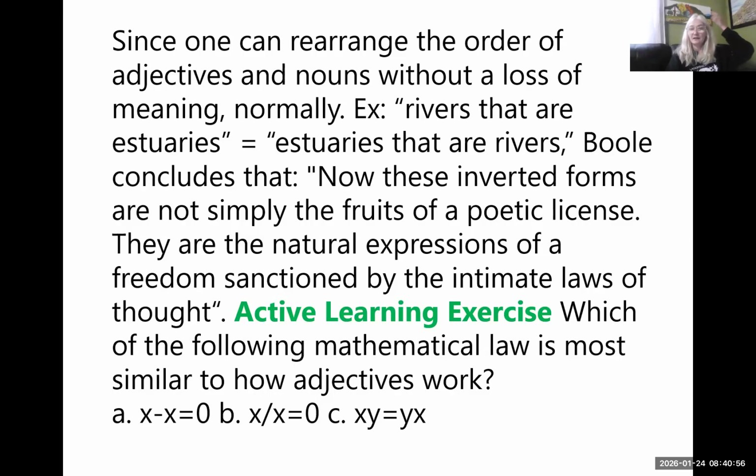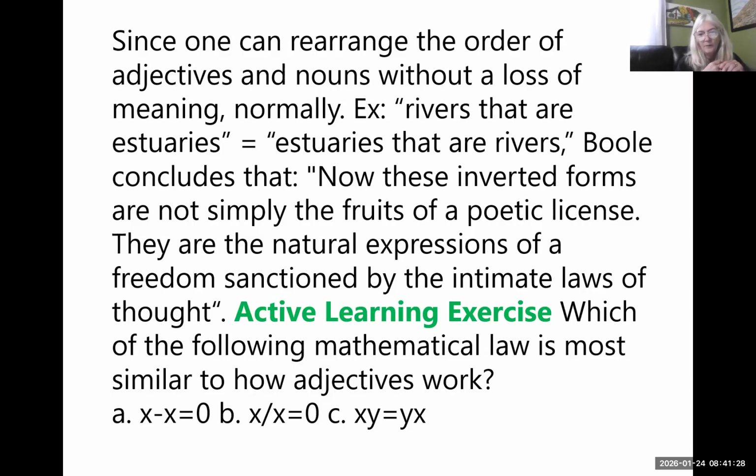If we take an adjective, we can just rearrange how the adjectives are. And if we have nouns related to other nouns, we can also rearrange them. His example, rivers that are estuaries, estuaries that are rivers. We could also say sheep that are white or white sheep that have horns. We can rearrange these qualities that we are attaching to the group, and it makes no difference as to the truth of the expression.